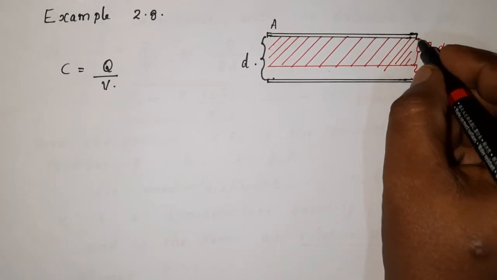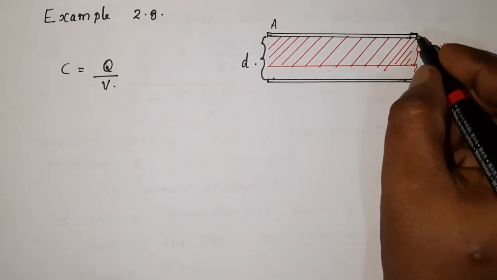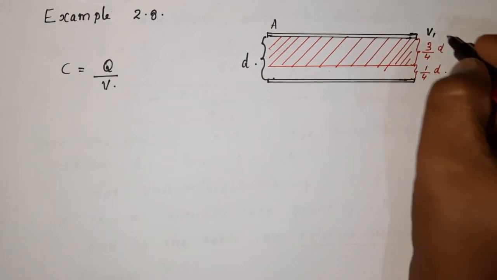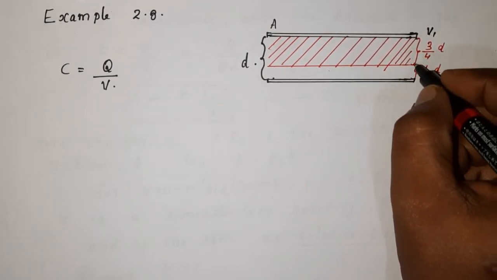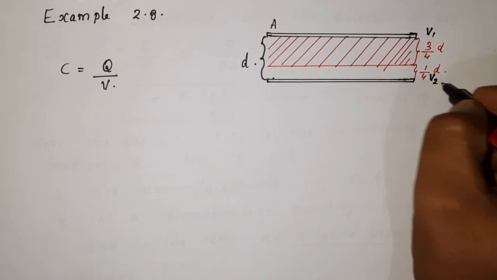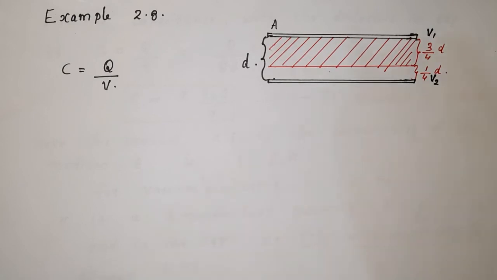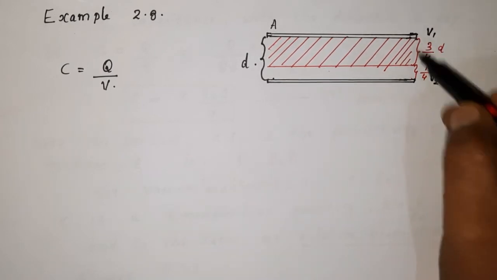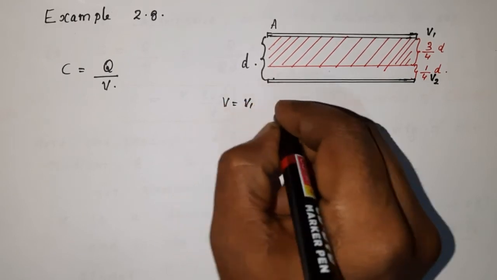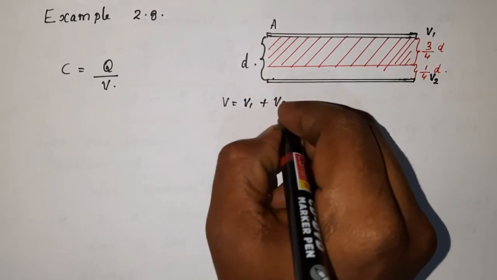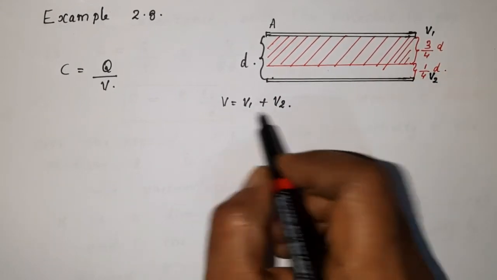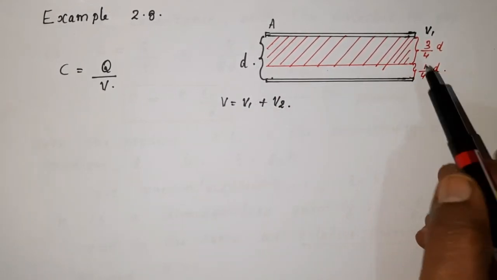Suppose the potential difference across the dielectric is V1, and across the 1/4 of the separation is V2. So the potential difference between the two plates, V, will be equal to V1 plus V2, just like a series combination.